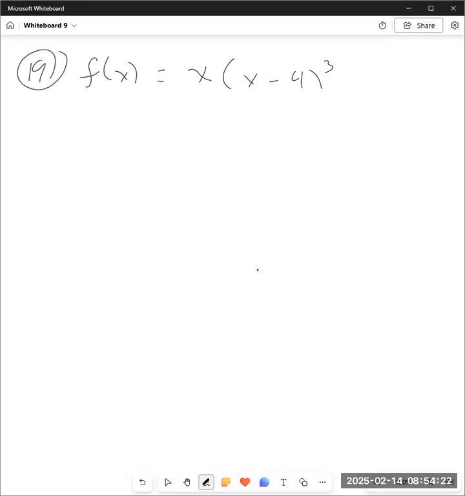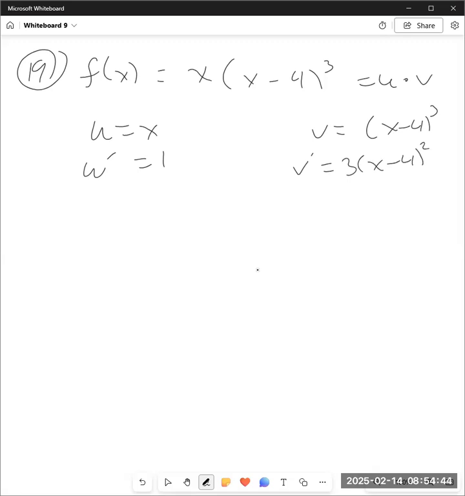I'm just going to go ahead and use the product rule here, with this being u times v, and u is equal to x, and v is equal to x minus 4 to the third, making u prime equal to 1, v prime is equal to 3 times x minus 4 to the second, and the derivative of the inside is 1.